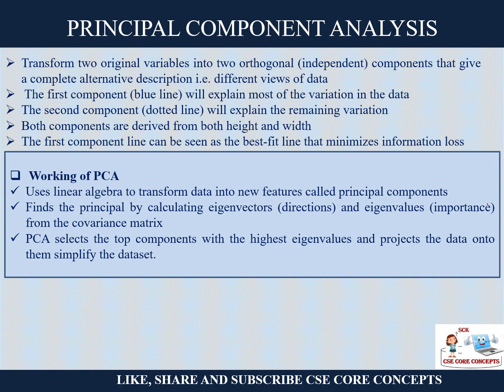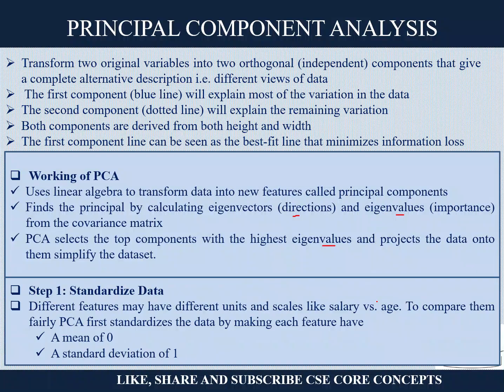It calculates the eigenvectors and eigenvalues, I hope you know. The eigenvectors give the direction and the eigenvalues give the importance, from the covariance matrix. Based on that, PCA will select those with the highest eigenvalues, that is the highest importance values, and project them onto the data set.